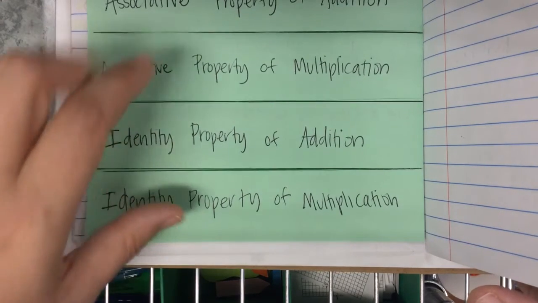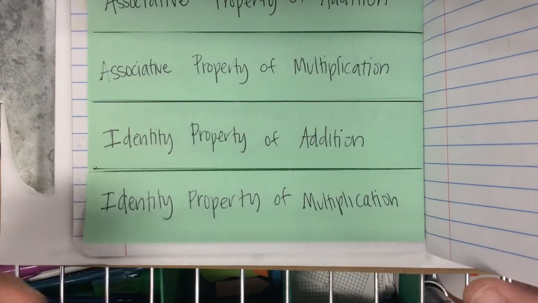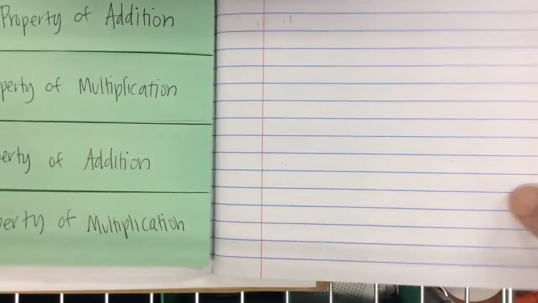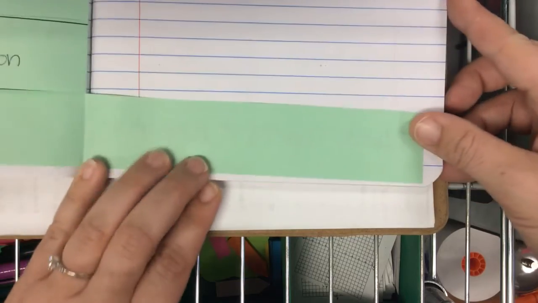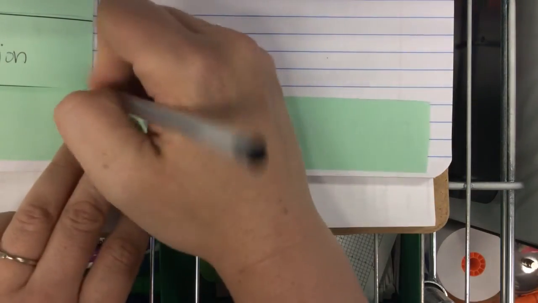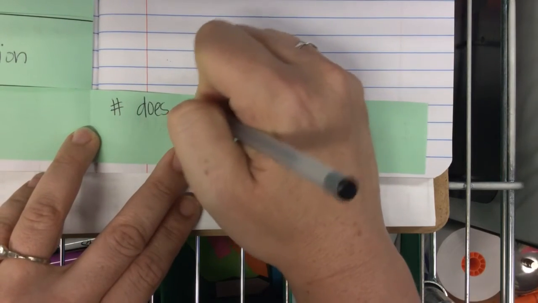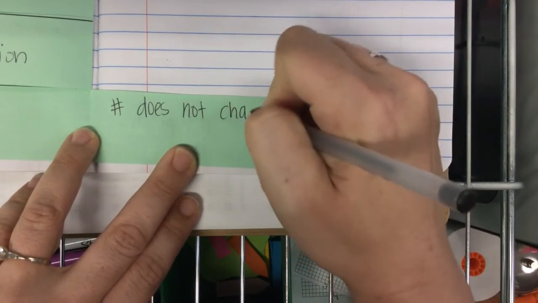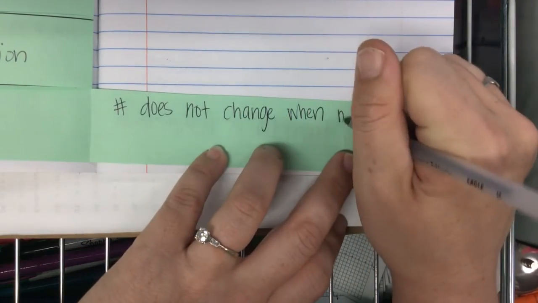So we have the identity property of addition, which was adding something that doesn't change it. We have the identity property of multiplication, which is multiplying and not changing it. So we're going to multiply and the number does not change when multiplied.